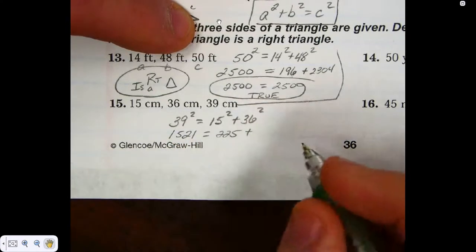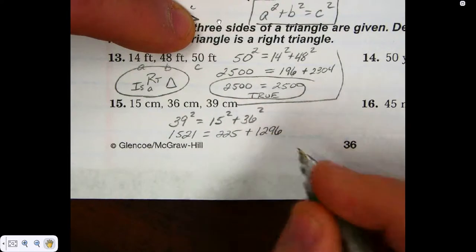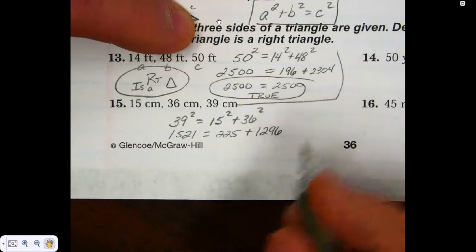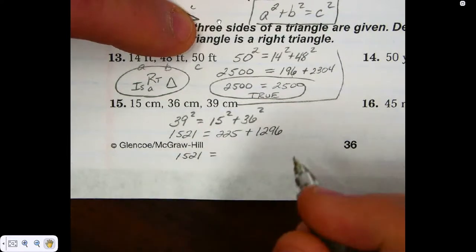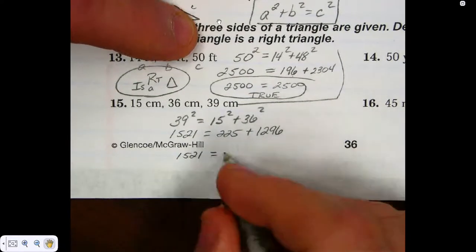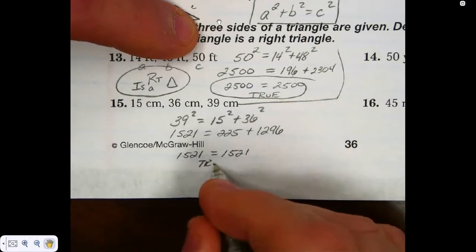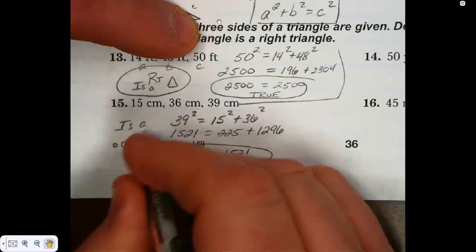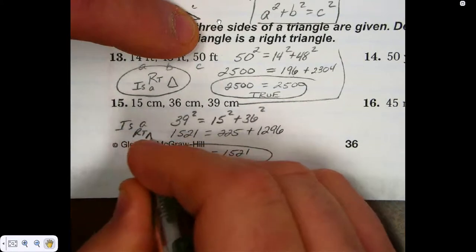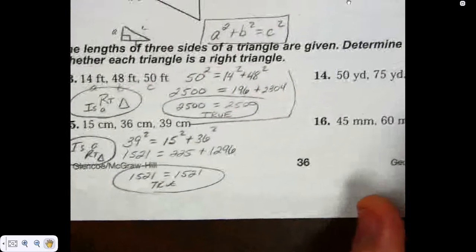What's 36 squared? 1,296. What is 225 plus 1,296? 1,521. Is that a true statement? So this one is a right triangle. So far these two are.